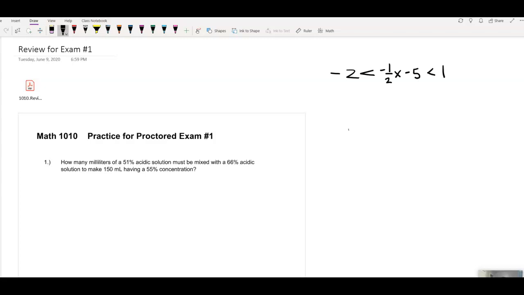Okay, 1. All right, so we're trying to get x by itself in the middle. So the first thing that you'd want to do is add 5 to all 3 parts.